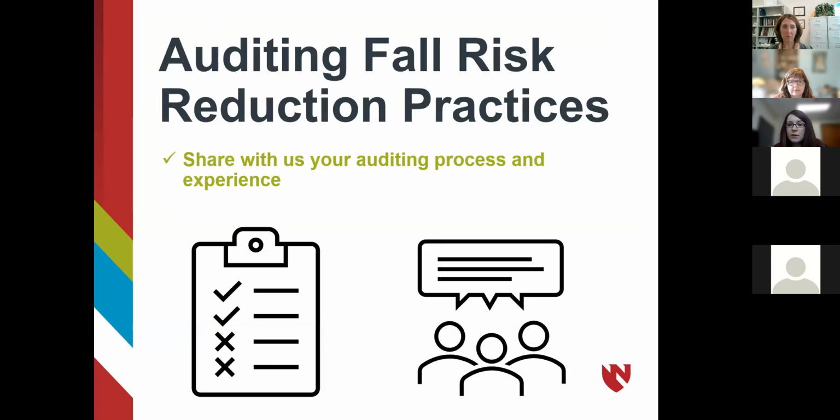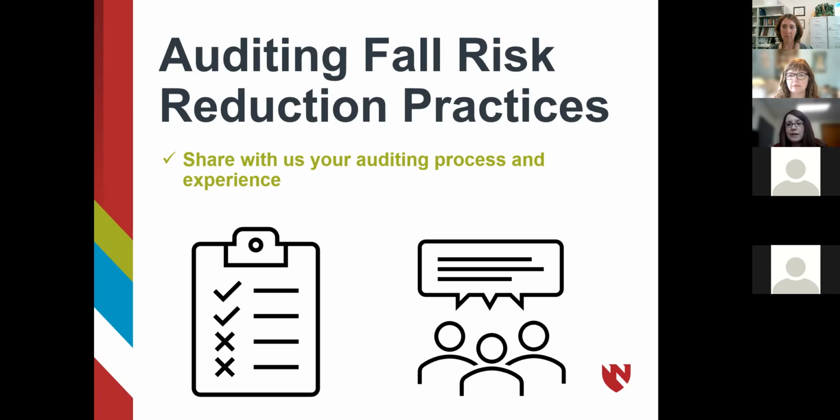We want to start with a focus on learning from you and giving you an opportunity to share with us and with everyone your auditing process and experience. As a quick recap, you may recall that from the gap analysis we had everyone in the cohort complete, auditing fall risk reduction practices emerged as the top area for improvement.